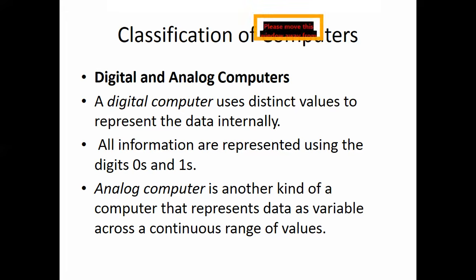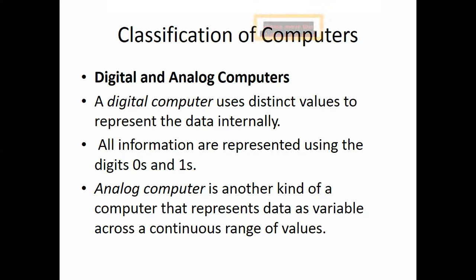We can also classify people in terms of gender. When we classify people in terms of gender, we'll have males and females. We can also classify people according to race.